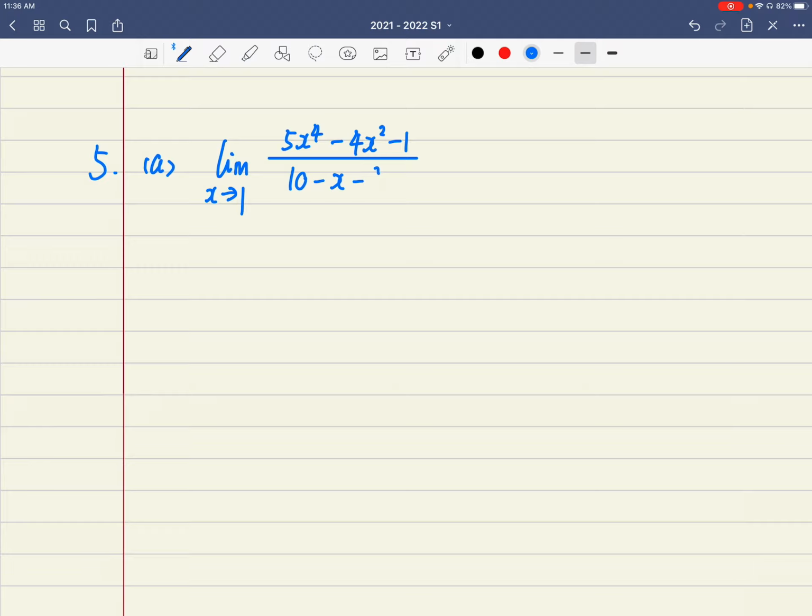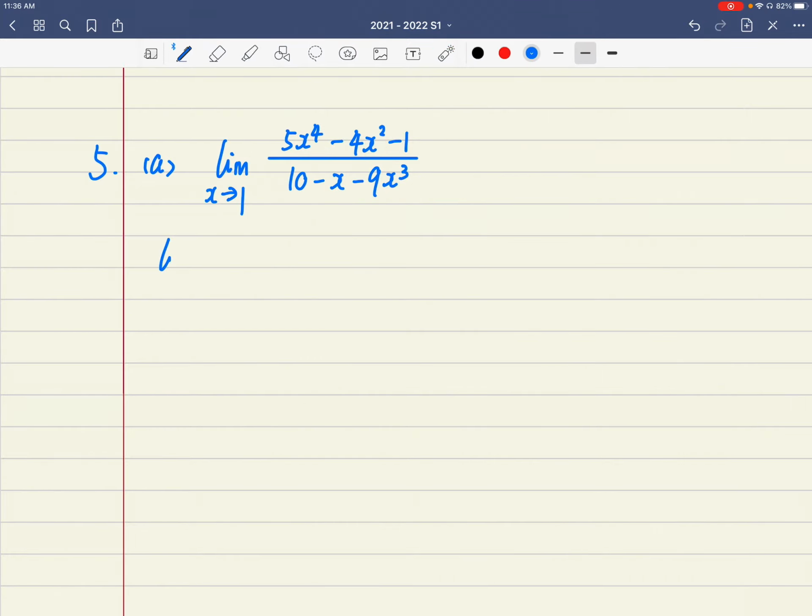Problem 1 shows you one case. Whenever we try to get the limit, the first thing we always do is try the substitution. When x is 1, you can see the top is going to be 0 and the bottom is also 0.